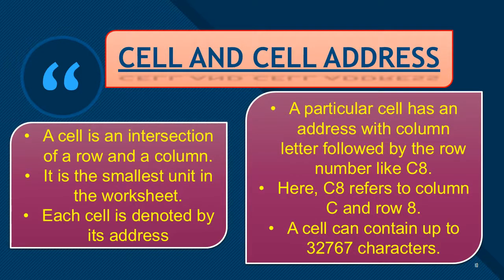A particular cell has a specific address with the column letter followed by the row number. Means every cell has an address with the column letter that is followed by the row number. Example C8. Here C8 refers to column C and row 8. A cell can contain up to 32,767 characters in it.